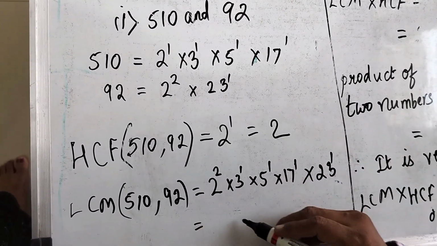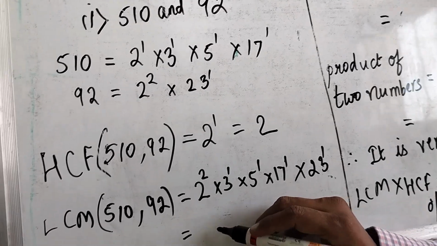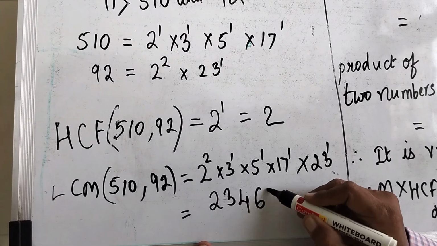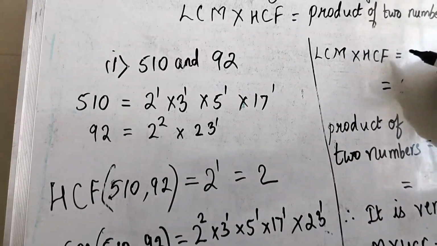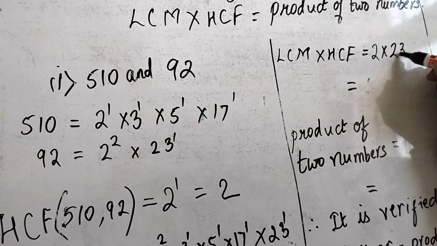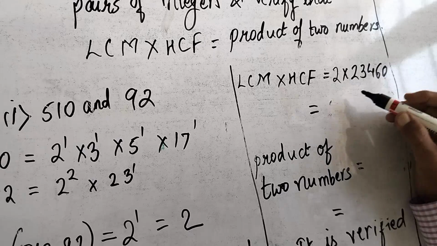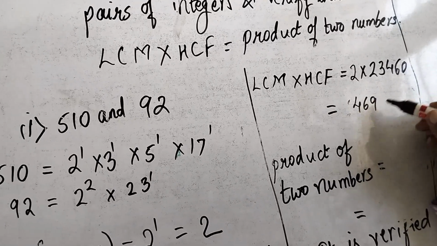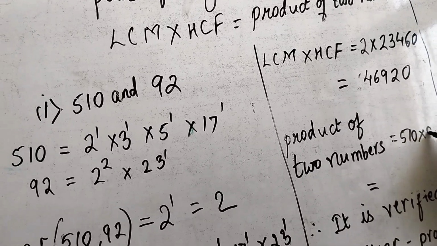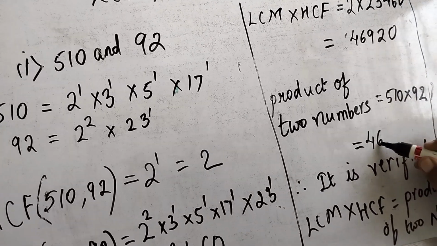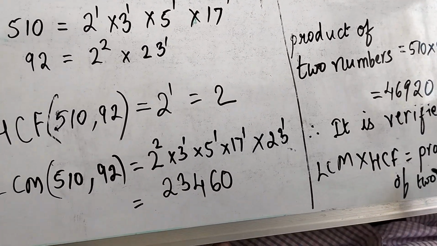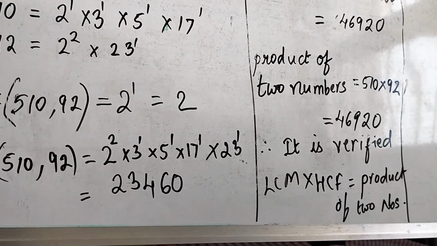The multiplication of all these prime factors will give you 23460. Now the verification part, LCM into HCF: 2 into 23460, which is equal to 46920. The product of the two numbers, 510 and 92, is also 46920. Hence it is verified that LCM into HCF is equal to the product of the two numbers.